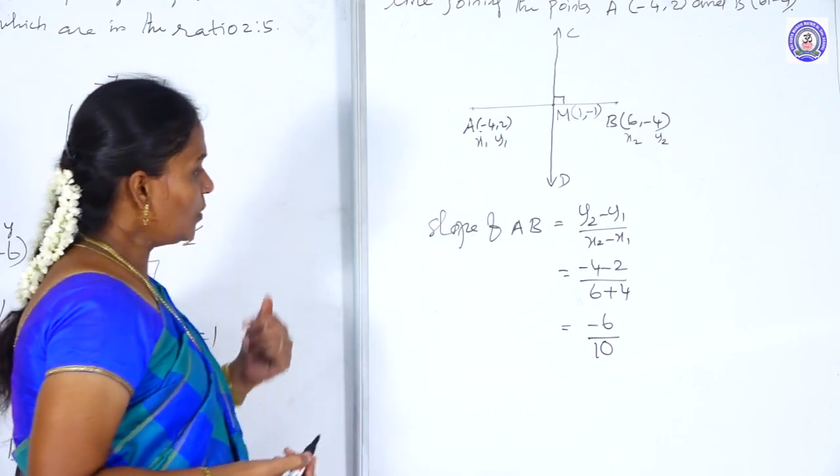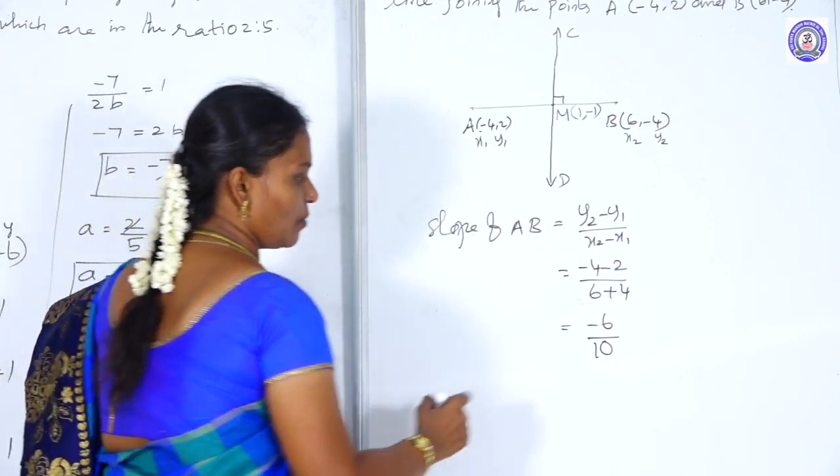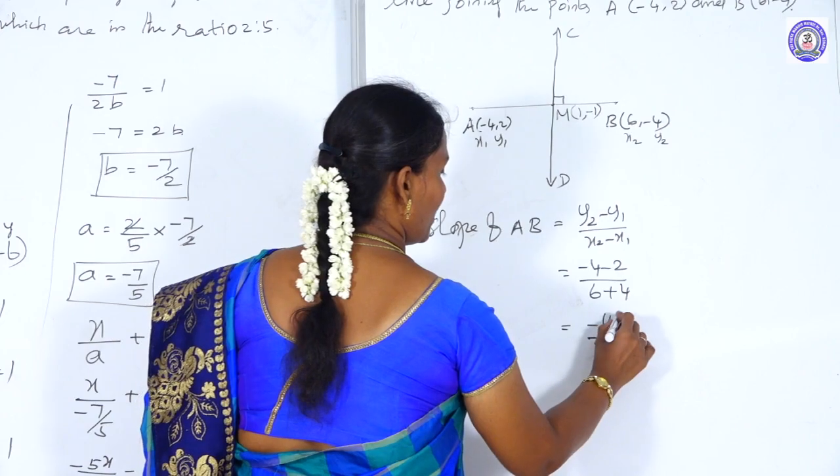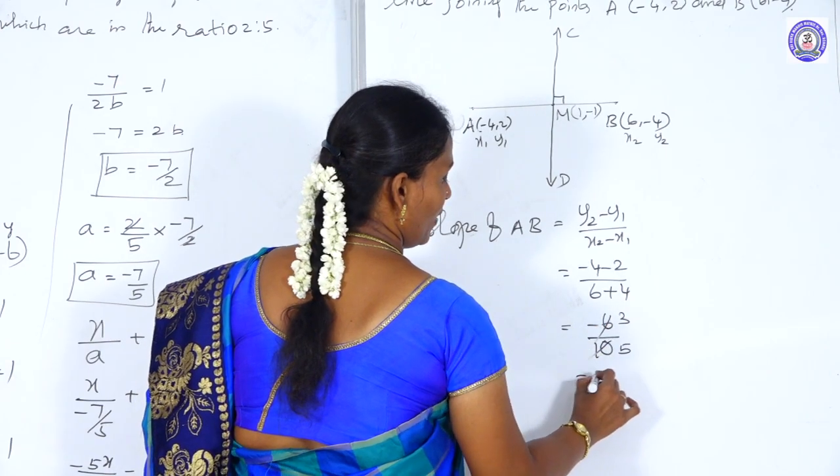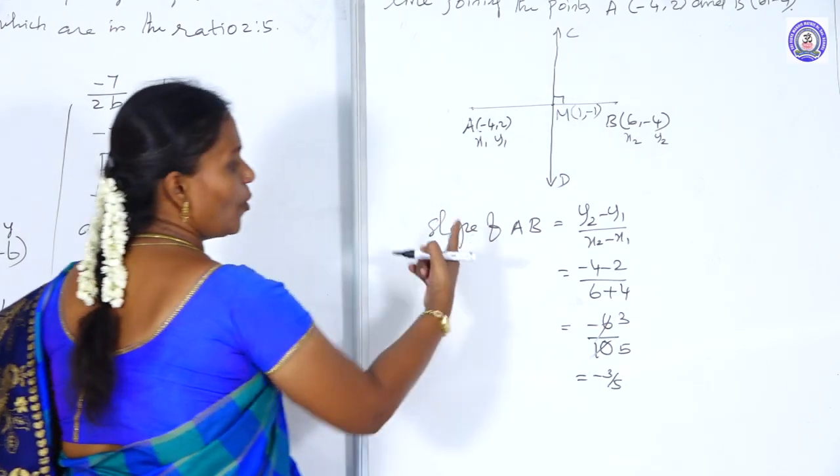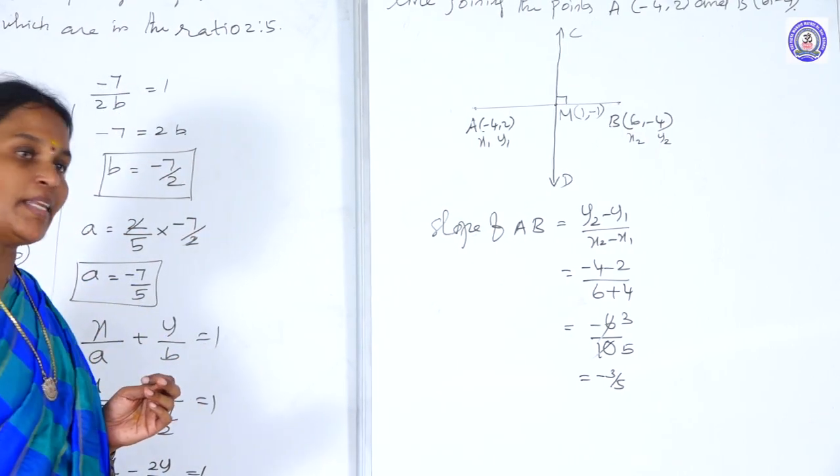Which table are they in? The second table. So cancel by 2: 3 by 5, so -3 by 5. The slope of AB is -3 by 5.